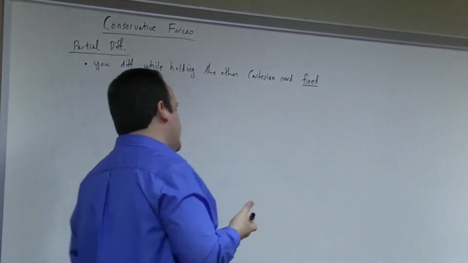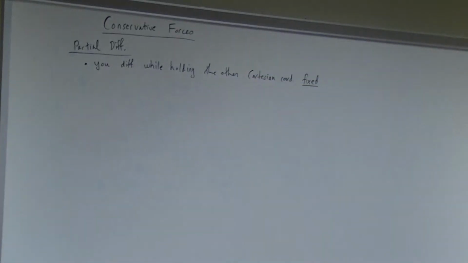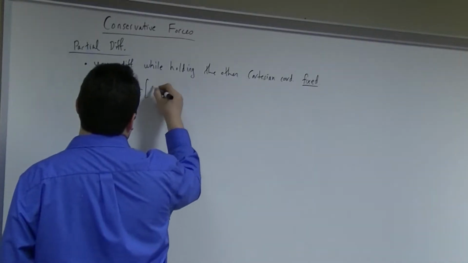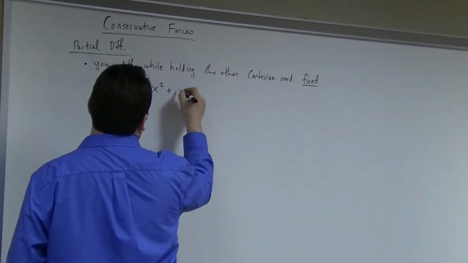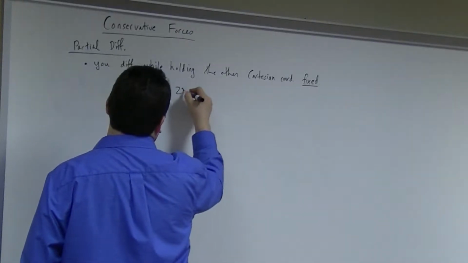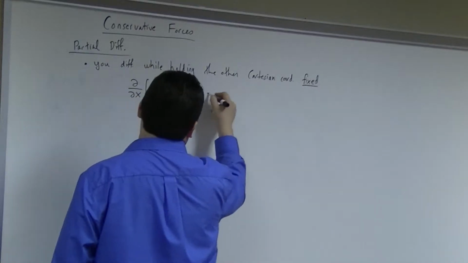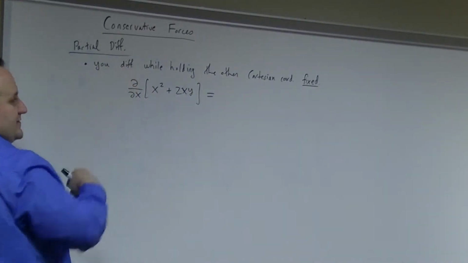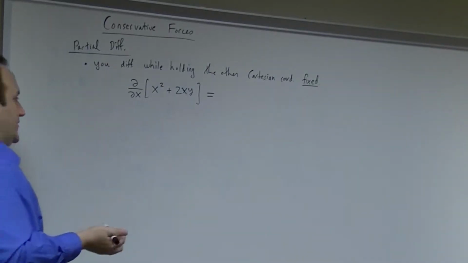So in other words, you pretend like the other Cartesian coordinates are constants. For example, partial x of x squared plus 2xy. And this is not a d, it's a funny looking script d, partial derivative, okay?